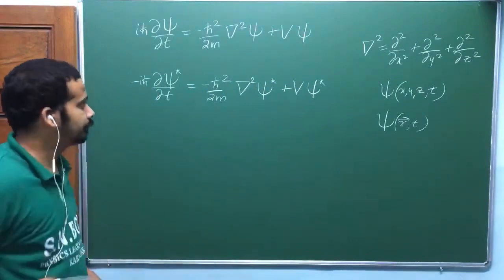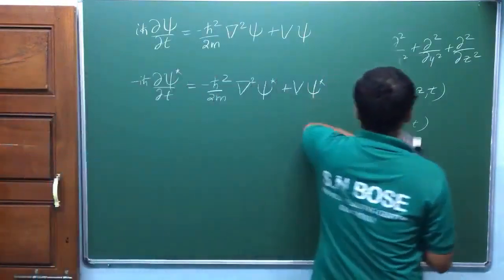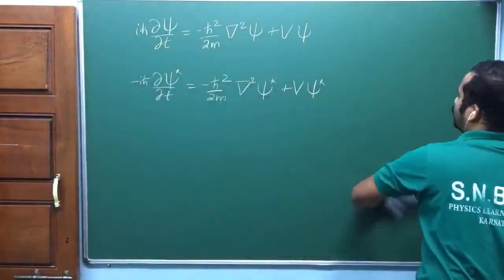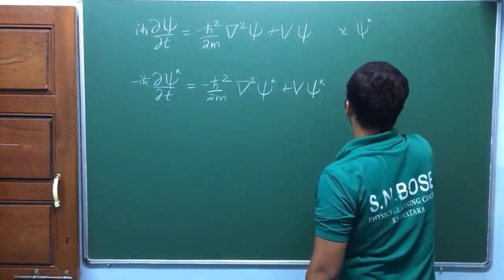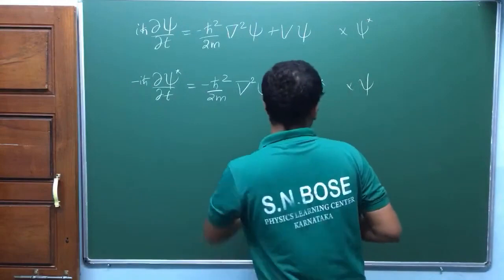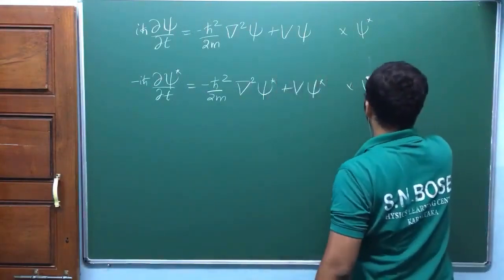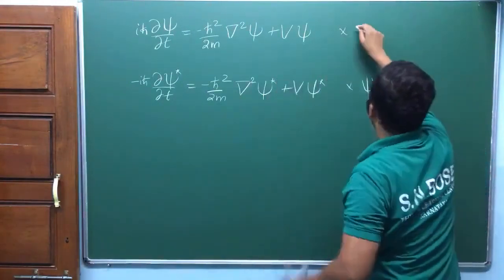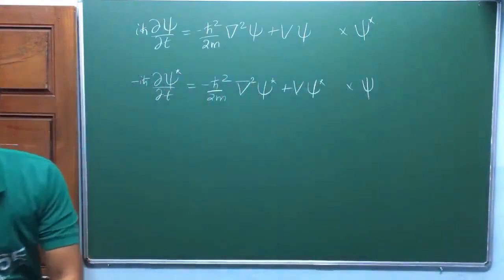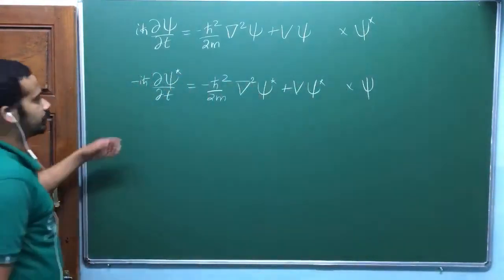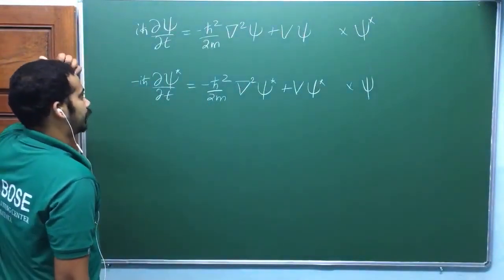Now what I do here is I am going to multiply the above equation with psi star, this equation with psi, and I'll subtract.